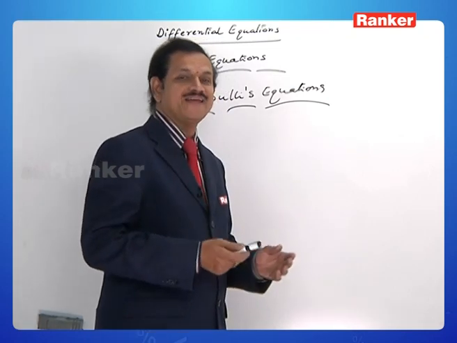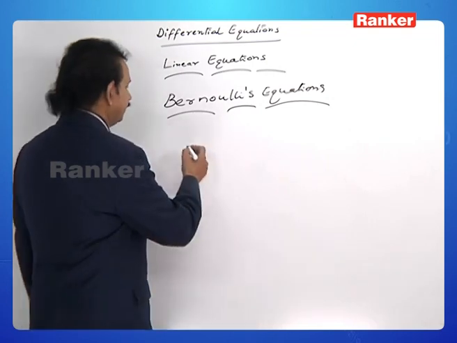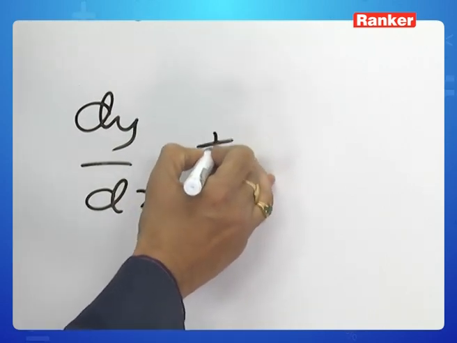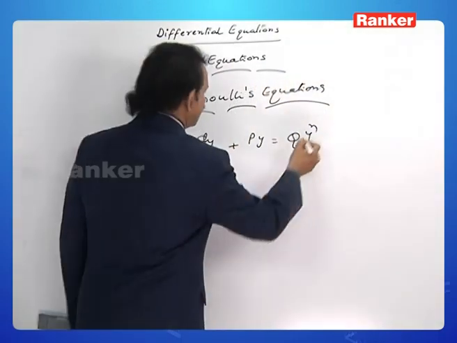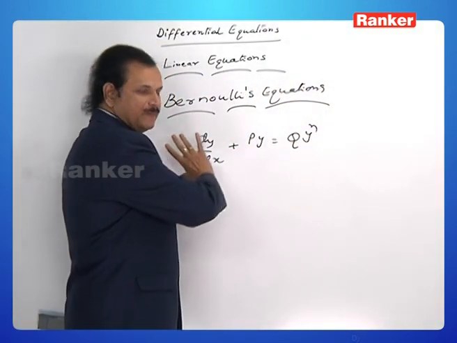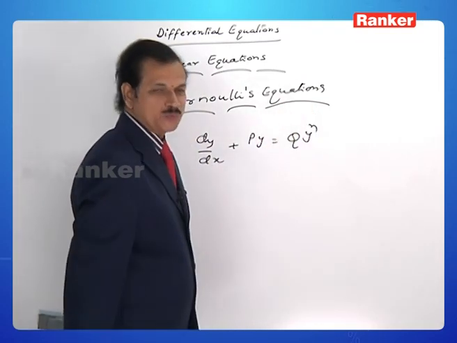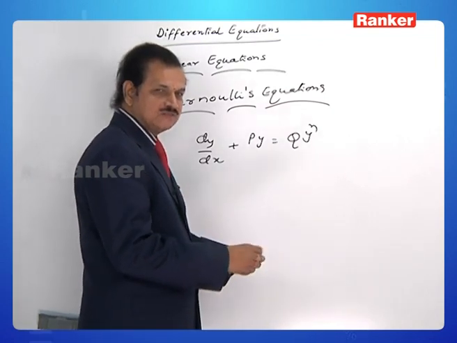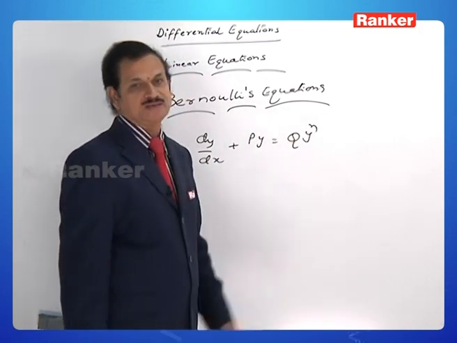Yes, how can they be put in the standard form? Let us observe. Look here: dy by dx plus Py is equal to Q into y power n. Every part except this looks like a linear equation, and the change comes into the fray only by the presence of y power n.